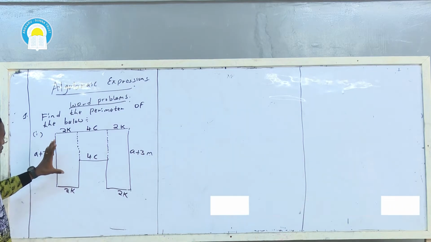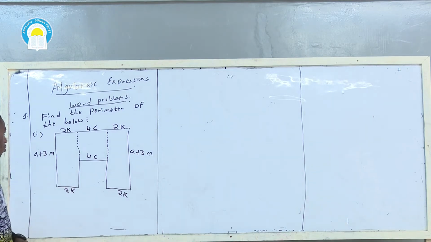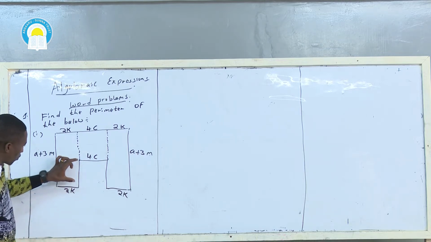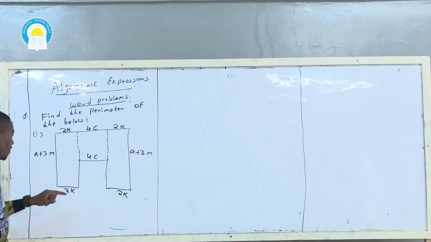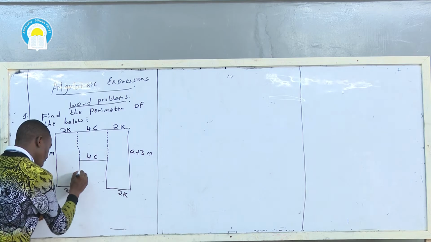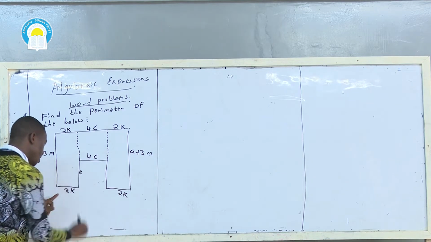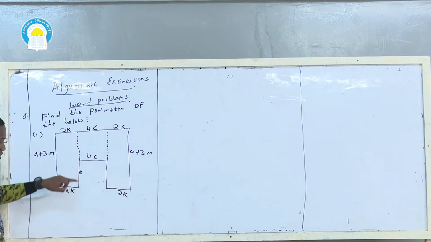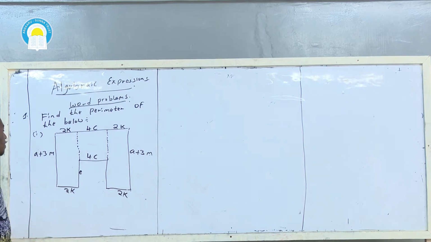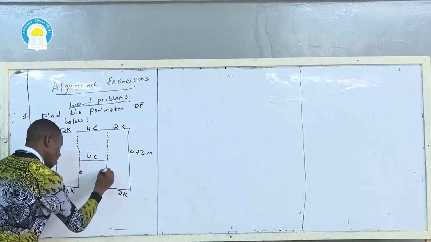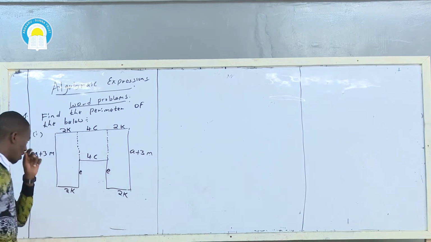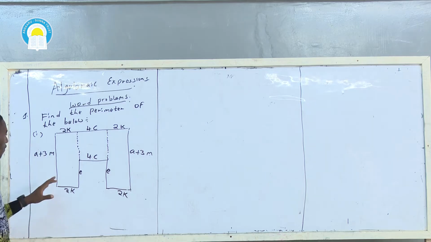When we have all these distances, from here to here, they have said it is E. It therefore means that from here to here will also be E. Therefore, the question is: find the perimeter of the figure below.